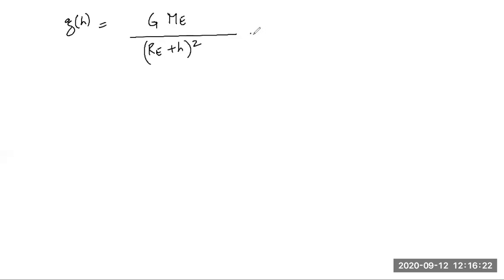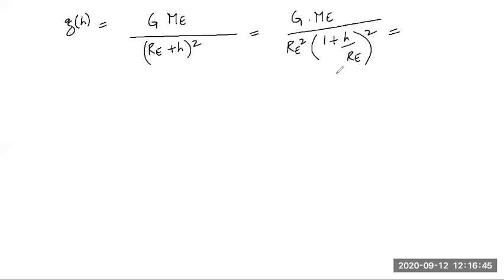So I can always take R E square common. So it is G M E divided by R E square into (1 plus h divided by R E) whole square, right? Now this can be written as, now Ishma, what is this term? G into M E by R E square. Do you remember?